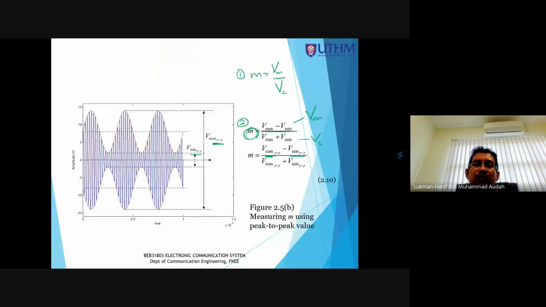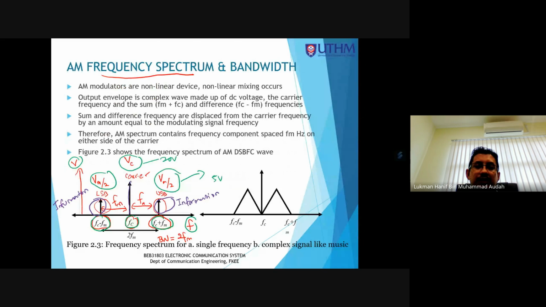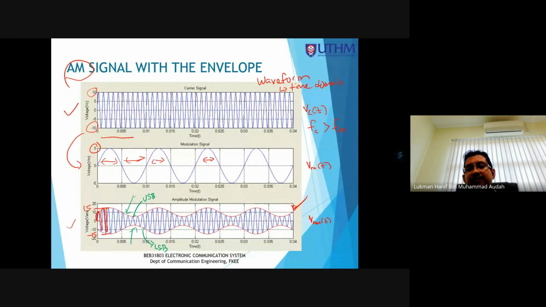So we have to go back to this part. The envelope, as I mentioned, has the upper side envelope and the negative side envelope.